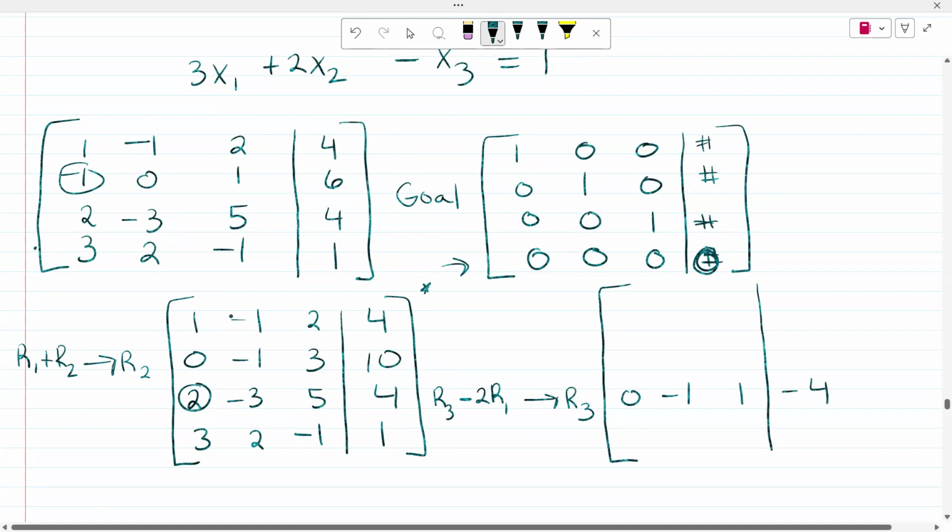Okay, and then we didn't mess with row 2. We didn't mess with row 1, so it's going to be 0, -1, 3, 10, 1, -1, 2, 4. And then this number, we didn't mess with this row, so it's 3, 2, -1, 1.